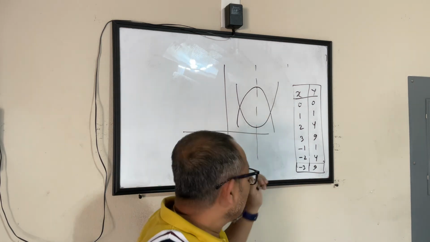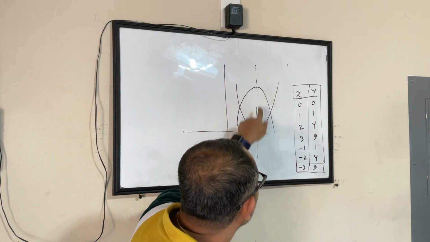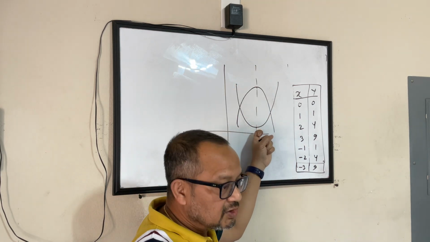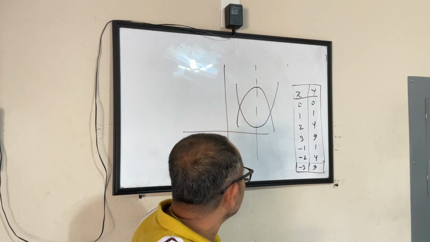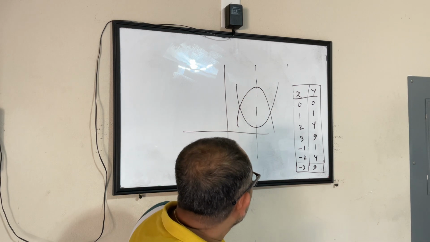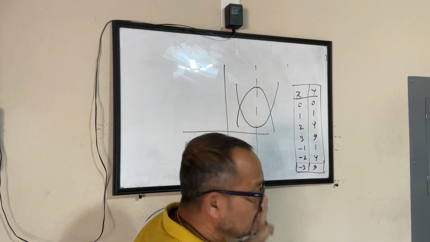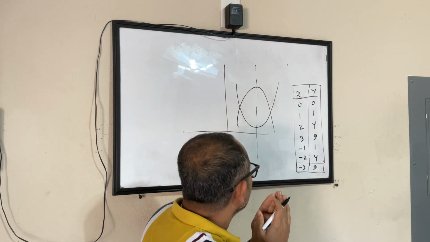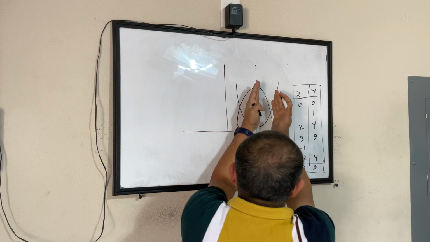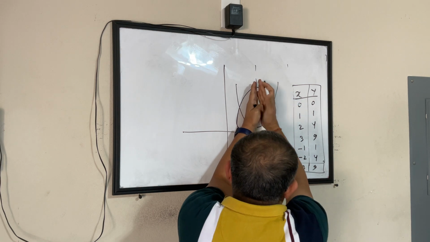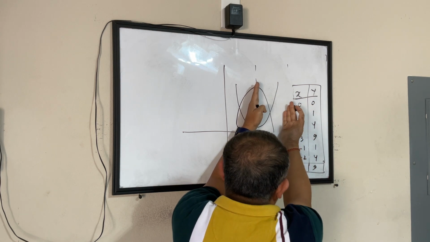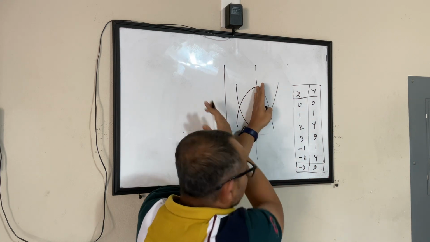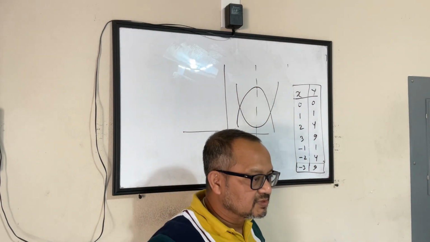But what you see here is your vertex is always lying on the line of symmetry, because the vertex is the lowest point or the highest point, and that has to be on the line of symmetry, because that is how you will be able to visualize one side being in one direction of the axis of symmetry and the other side in the other direction.